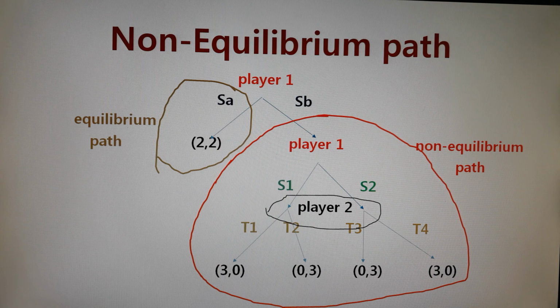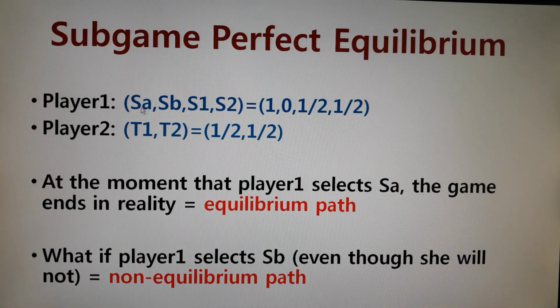I arrived in Busan. But you have to explain why I didn't go to Mokpo, why didn't I stop at Daejeon, why didn't I go to Incheon airport. So what might have happened but you didn't choose should have a reason. That is the non-equilibrium path, and your answer should include that.